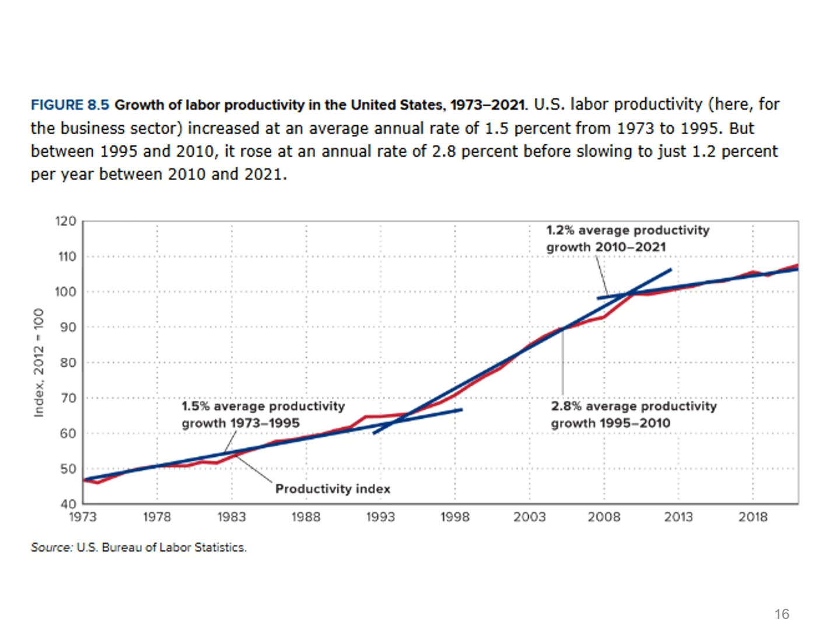Why the anomaly? There are several reasons for the rise in average productivity growth in that time frame, 1995 through 2010. First idea is the microchip and information technology, which led to an array of new products and services and new ways of doing business.